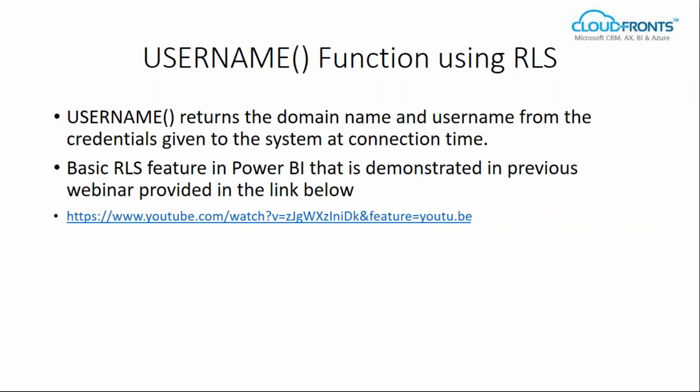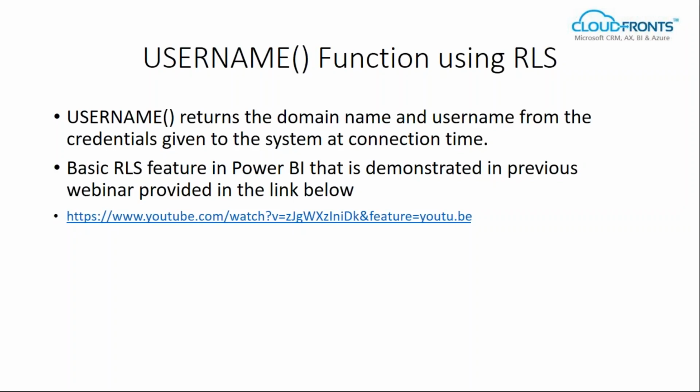On top of that, the RLS feature in Power BI has a drawback: every time we republish the report, we have to reassign the role again. For as many users as you need to assign the role, you have to hard code again every time you republish or make any changes in the report. So this was a drawback we saw in our last webinar for the basic RLS feature.